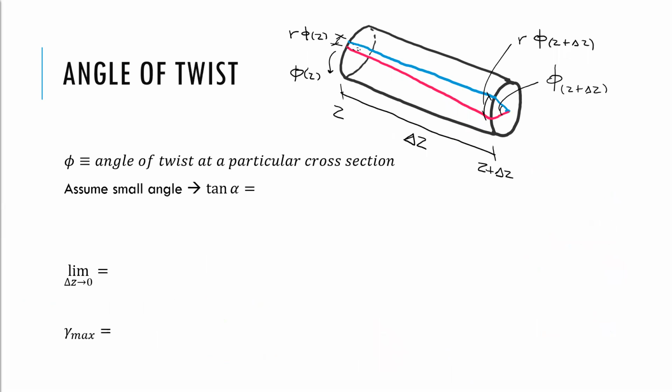And so this is what that gamma theta z looks like. If we have a line, that blue line, that initially is along the length of this member, and then we apply some torque to this, you're going to see that that line is going to be kind of traveling away at an angle. So we're going to get strain.